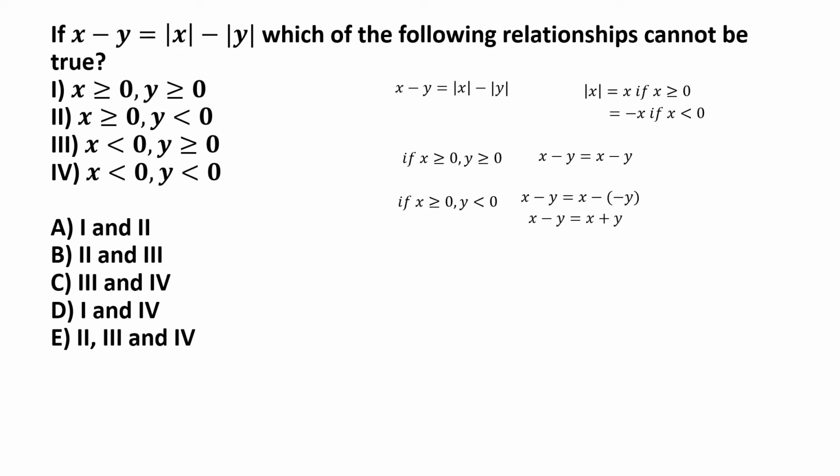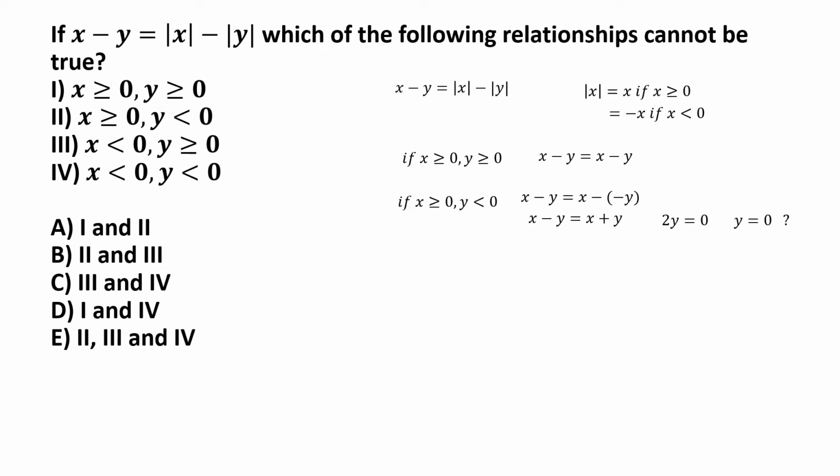X cancels out from both sides, and if we take the minus y to the other side to join the plus y, we basically have y plus y, or 2y equal to 0, which means that y is equal to 0. Now remember, that was not the way we have defined the domain of y, because y was supposed to be a negative number less than 0.